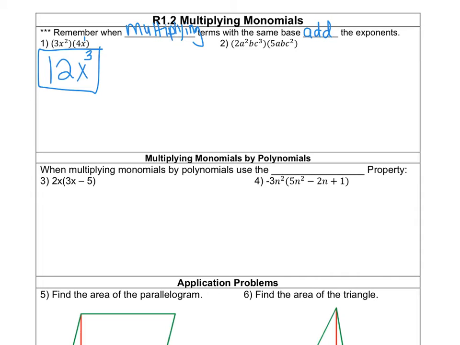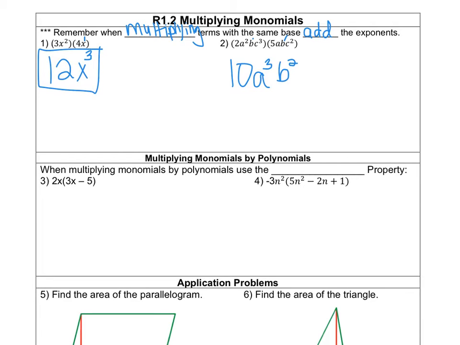Now let's do a little harder one. So 2a squared bc cubed times 5abc squared. We need to multiply 2 times 5 to get 10. And then I have a squared times a. So a squared times a would be a cubed. b times b is b squared, because this is like a 1 and a 1.